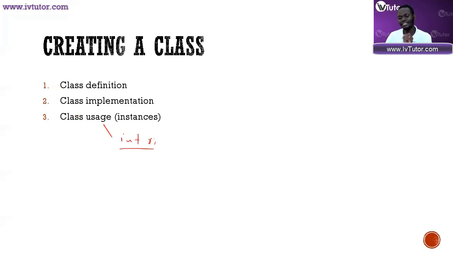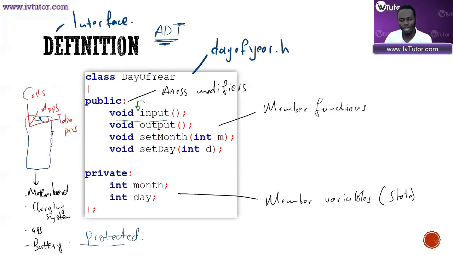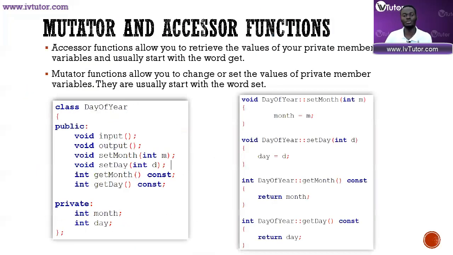So what you do, the idea is that for every member variable that you want to expose, you have to provide 2 functions. One that allows you to set this value, one that allows you to get this value. Setting a value is also referred to as mutating or changing it, right?